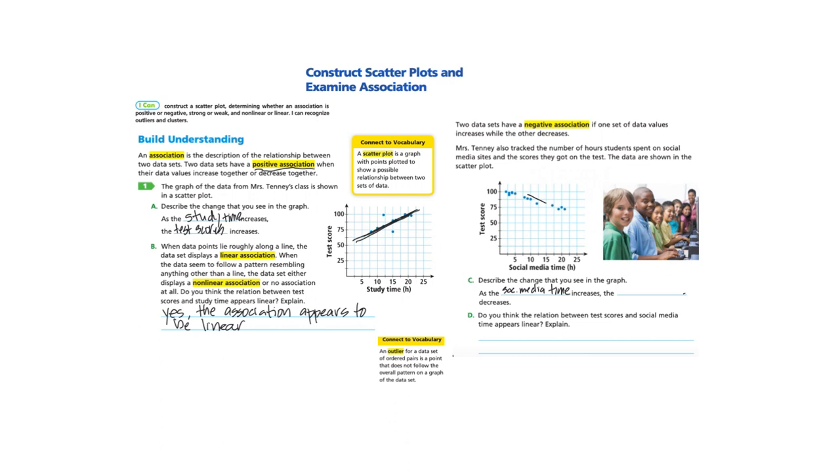So do you think the relationship between test scores and social media time appears linear? To me, it looks like it does. It doesn't have to be all the points on the same line, but you can kind of see that there is a linear association there. So yes, this association also appears linear.